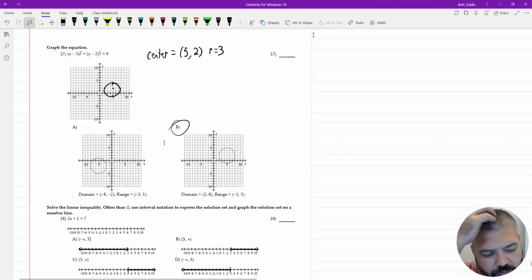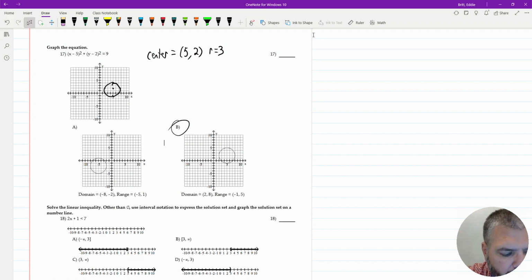All right, so this next problem is an inequality. We want to solve an inequality just like we would an equation. The only difference is if we ever have to multiply or divide by a negative number at the end, you flip the inequality sign. If you don't divide by a negative number or multiply by a negative number, the inequality sign stays the same. That's only division or multiplication at the very end.